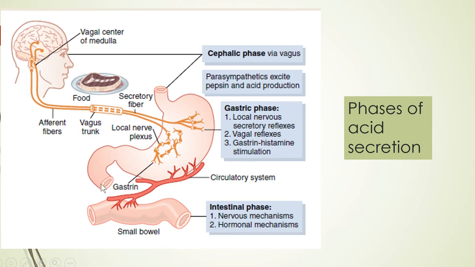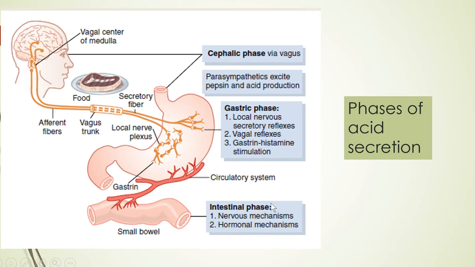Intestinal phase: when the food enters into the intestine, this is how it regulates acid secretion. If food is entering into the intestine and has not been converted into chyme, that is, it is not in liquid form and is solid, then there should be more time for that food in the stomach. If the solid food enters into the duodenum, then neurally, so vagally mediated, and via gastrin, gastric emptying is delayed, so the food gets more time to be converted into chyme.